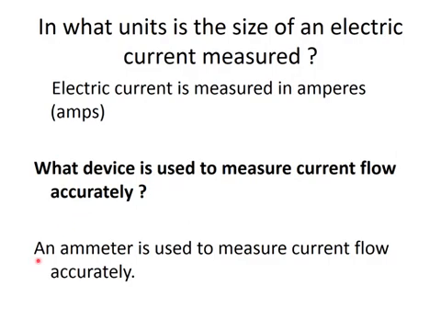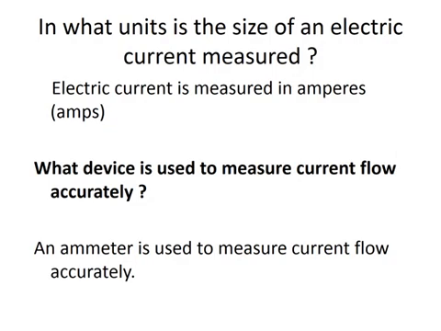The answer of the question is, an ammeter is used to measure current flow accurately. So in this question you were asked what is the device which is used to measure the current flow.